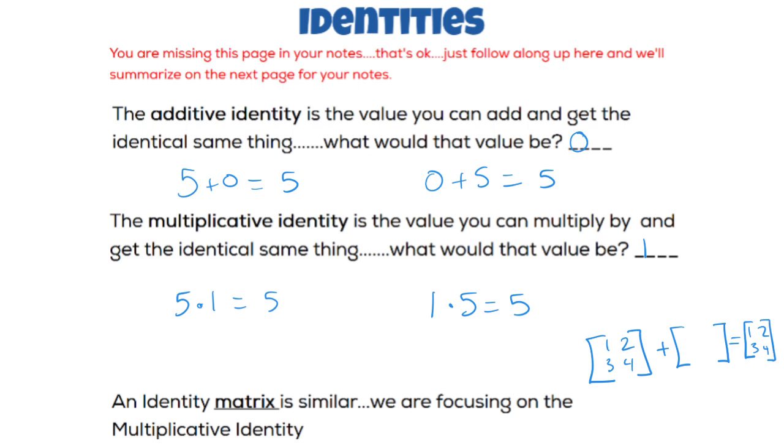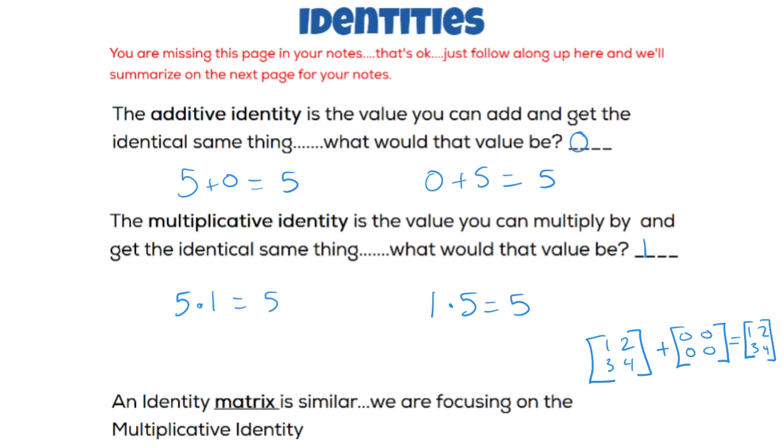Okay, well, first of all, to add matrices, they have to be the same dimension, so it's going to be another 2 by 2, and you just add corresponding parts, so it would have to just be a bunch of zeros in here. Okay, that's the additive identity matrix.